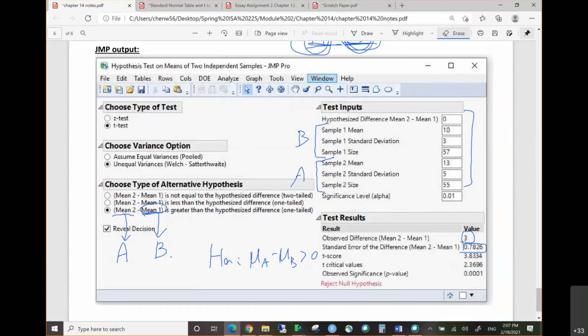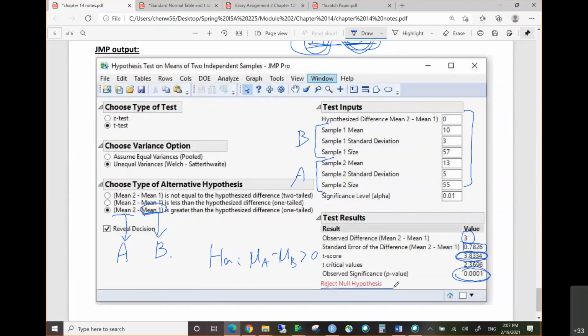We are doing the hypothesis test, so we need the t score, which is our t-test statistic, 3.833. In the end, this is our p-value, which is 0.0001. Based on our alpha level 0.01, of course, we reject the null hypothesis.